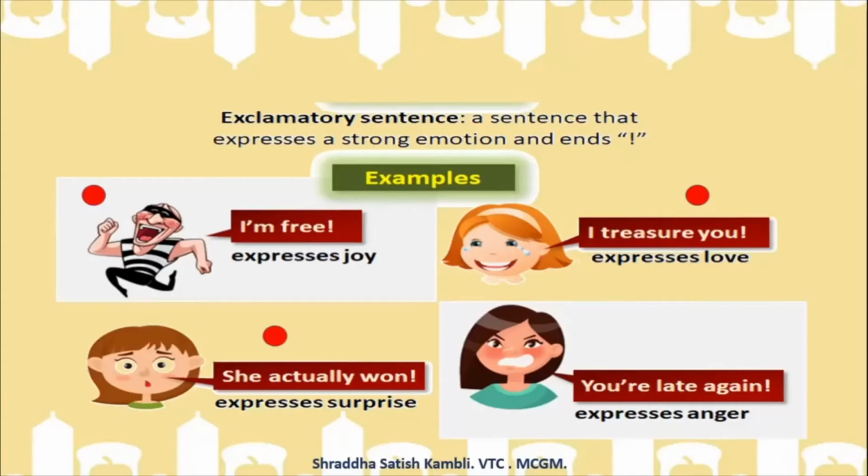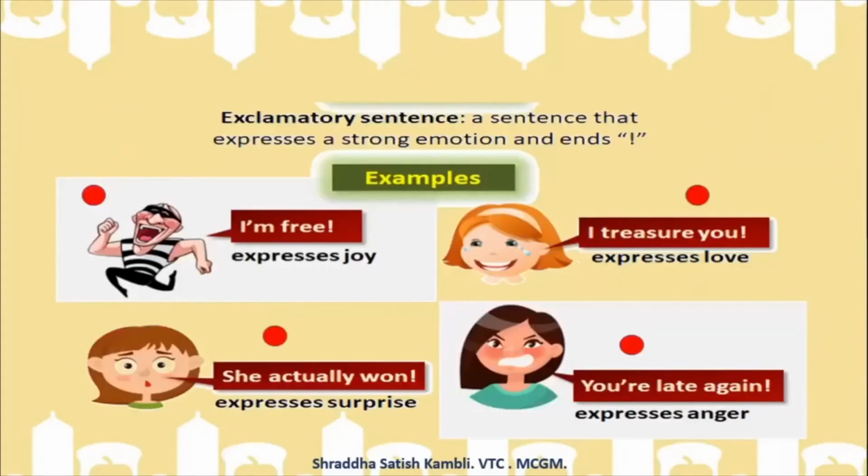Everywhere. Next, when someone is angry, what will you say? "You're late again!" Means I wanted you to come on time, but you're late again. So you're expressing anger. Alright children, so these are all examples of exclamatory sentences. Let us look at some more examples here.